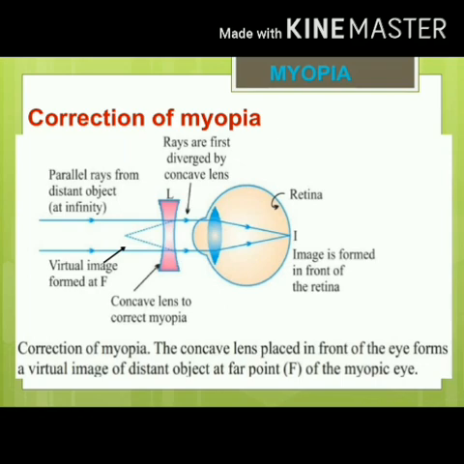The virtual image formed in front of the lens is the virtual image of the object at infinity, and that one is drawn over here, acting as the object, and the image of that object is formed on the retina. Thus we can correct myopia using the concave lens.